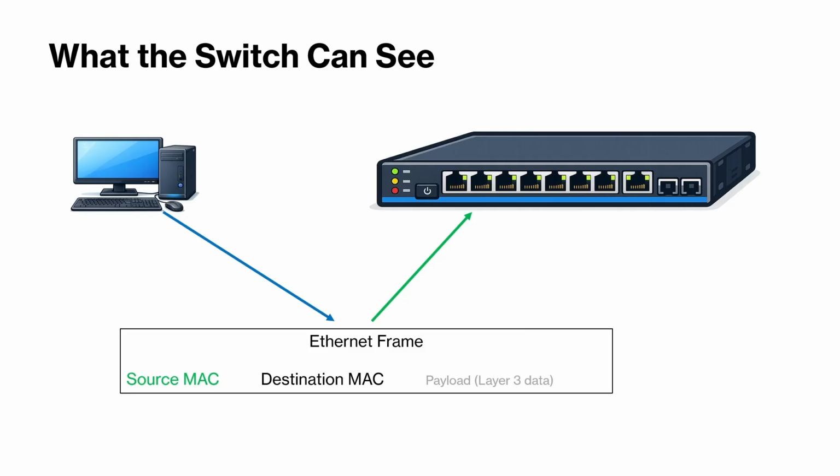Every Ethernet frame contains a source MAC address, who sent it, a destination MAC address, who should receive it, and a payload, which might contain an IP packet, but the switch treats it as a sealed envelope. So the switch is basically saying, I don't care what's inside, I only care who it's from and who it's for. And this is the key line. This is the only information a switch uses to make decisions.